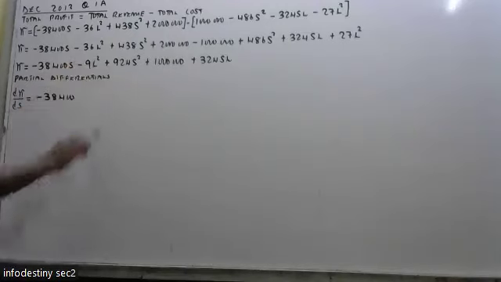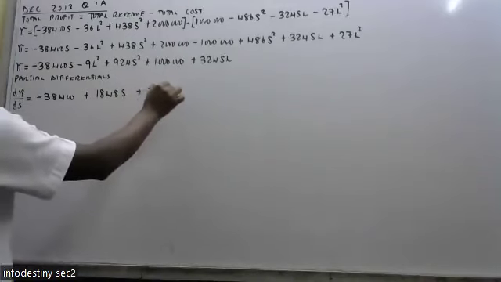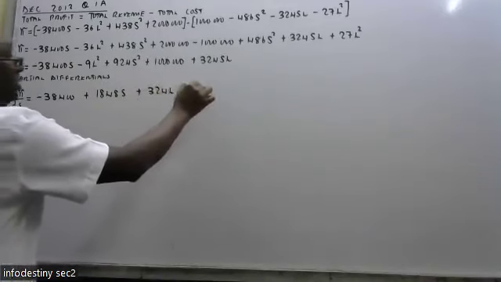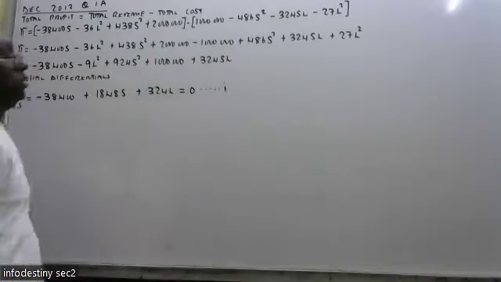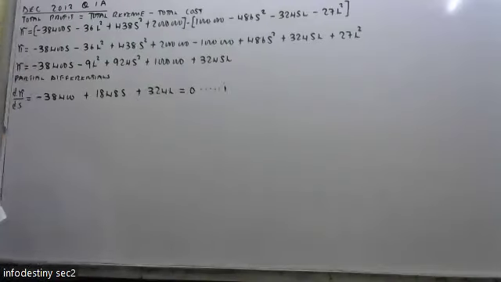This one does not have S, becomes 0. This one has S, so plus 1848S. This one does not have S, 0. This one you add, you get 324L. And you say this is 0, and you call it equation number 1.